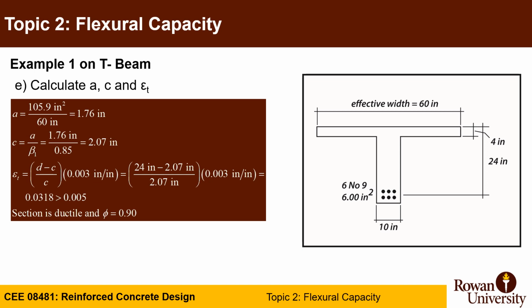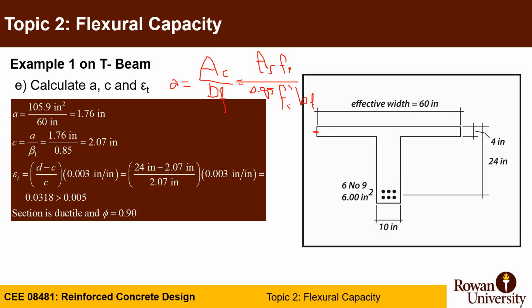You can calculate A as AC divided by B flange, because the neutral axis now is within the flange, or you can use the same equation that we have before. In this case, AS Fy divided by 0.85 f'c times B flange.